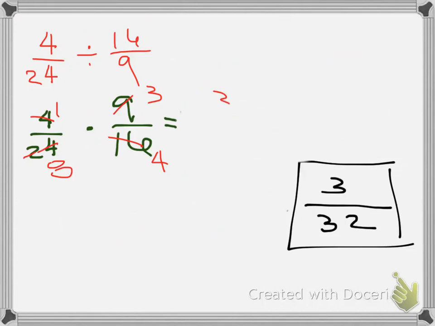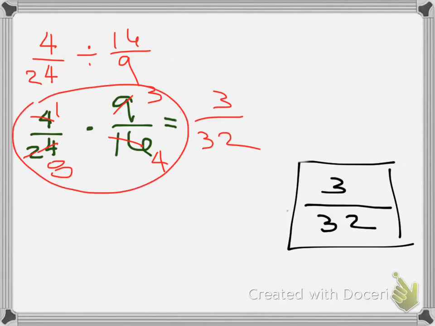So that's a lot less messy, a lot less prone to making mistakes. But sometimes it can be a little tricky to look and see which numbers go into which. Okay, so actually what we're doing here is just reducing 4 over 24 into 1 over 8, and 9 over 16 into 3 over 4.